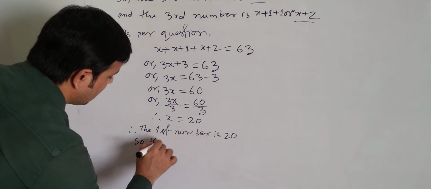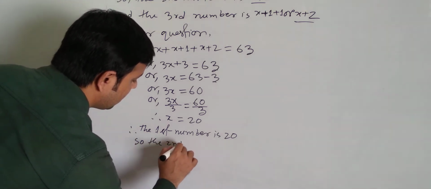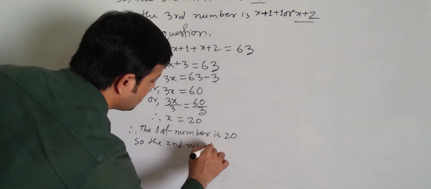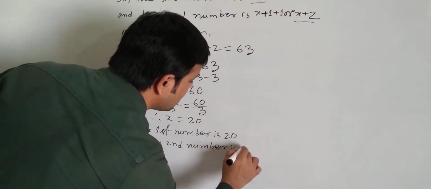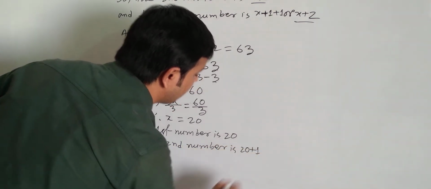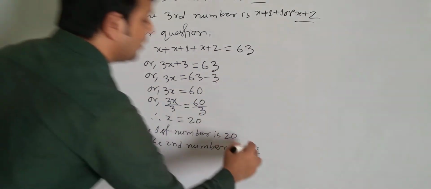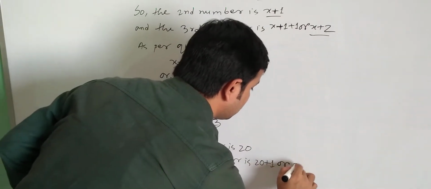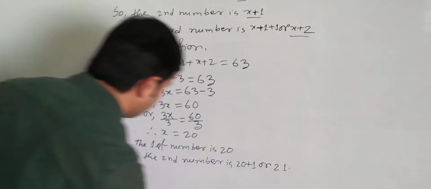So the second number is 20 plus 1, that is x plus 1, or that will be 21.